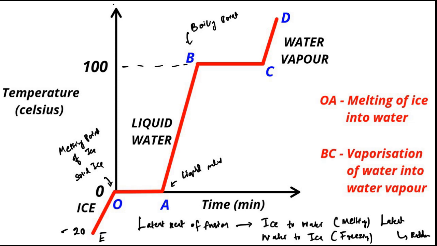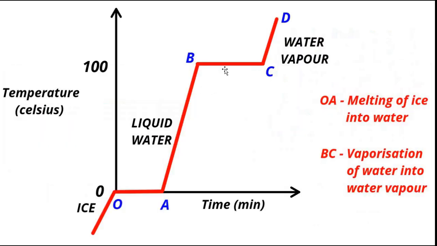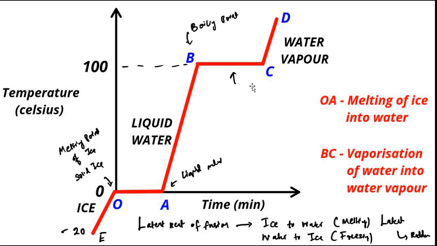So in this portion, the heat is getting used up in converting the liquid water into vapor state. So in the portion BC, the heat is getting used up in converting the liquid water into water vapor.